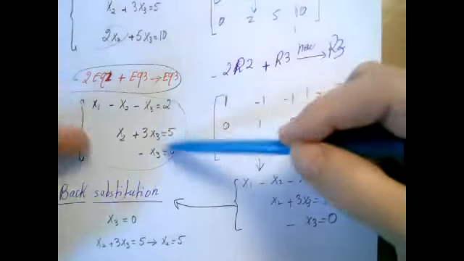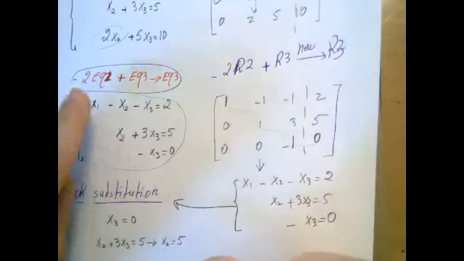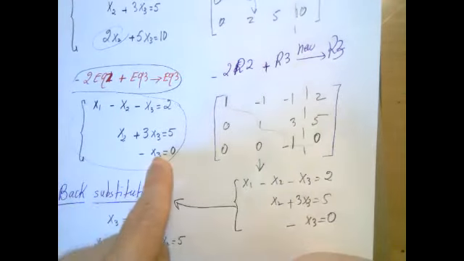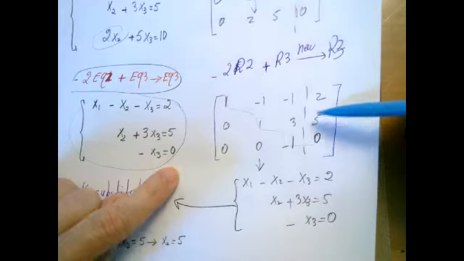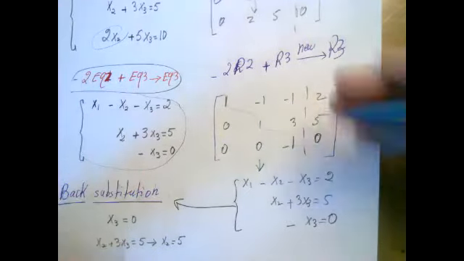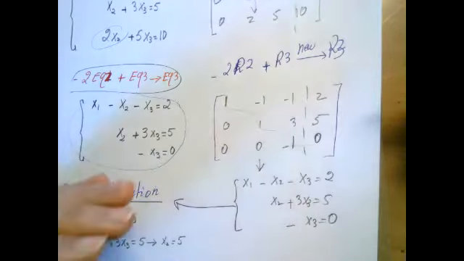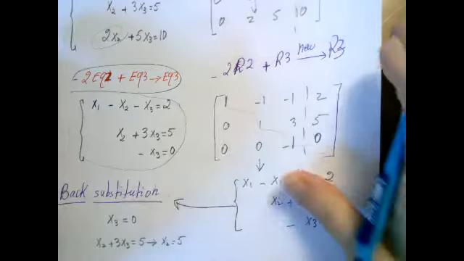If I'm working with the system, I know where to stop. Whenever I have this triangular shape and I can see it, I can stop. If I'm working with the matrix, what shape should the matrix have so I can say I'm ready to solve? We will describe also the form of the matrix. Okay? So this is the motivation of every definition I'm going to talk about today.